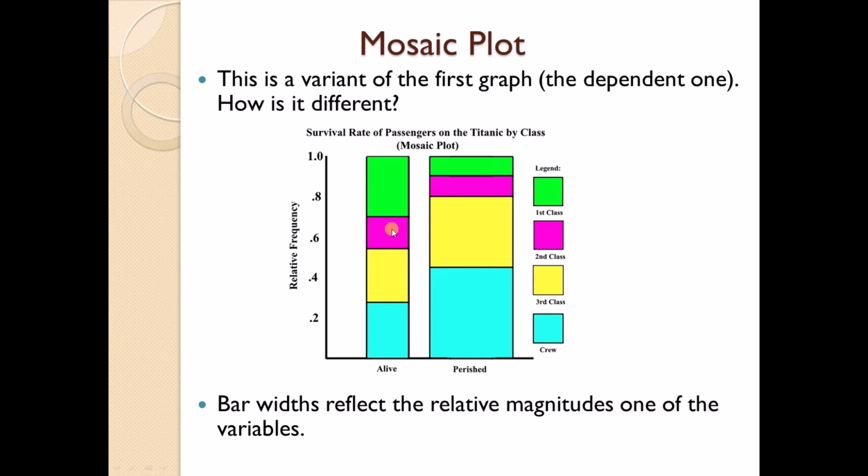So if you look at this, for example, it may be that this shows a bigger proportion were in the first class that lived, and here it's smaller from the first class for those who perished. It may be that more overall perished just because there's more area here. I don't know that for a fact, but that gives you some idea of the actual count of the people and not just the proportions. All right? Hope that makes sense.